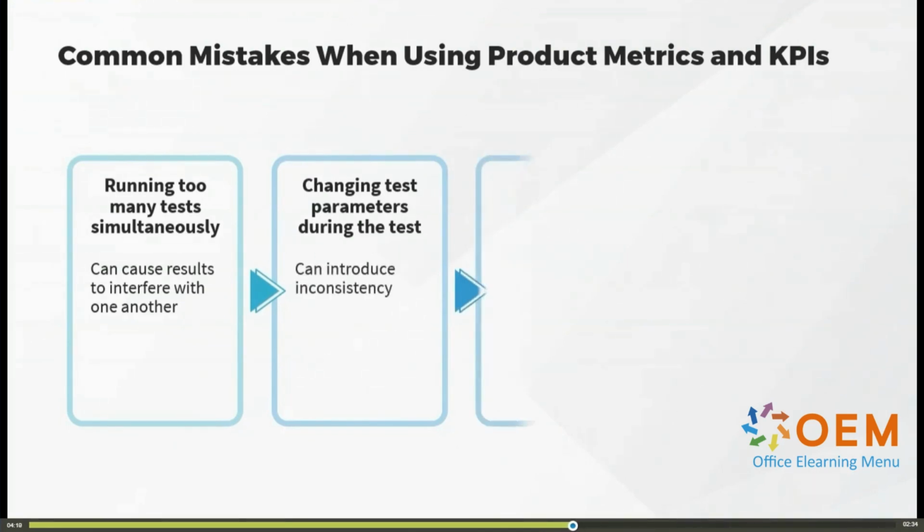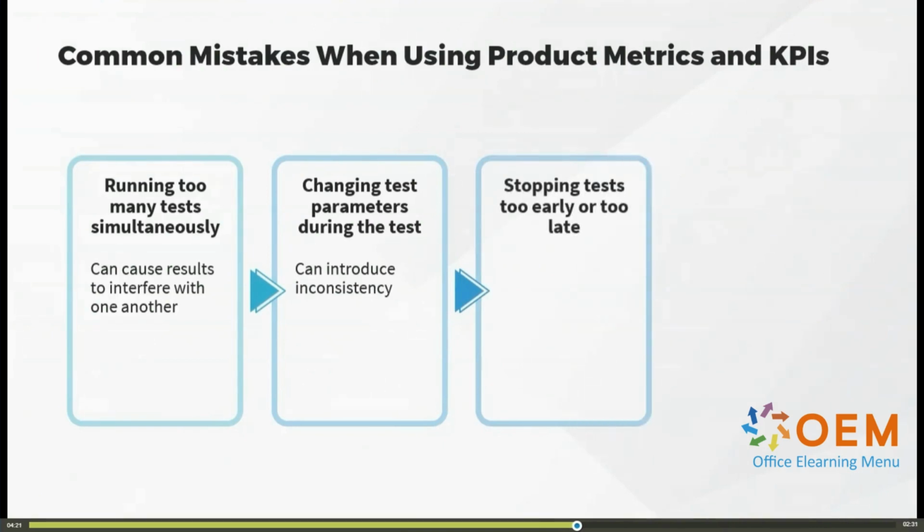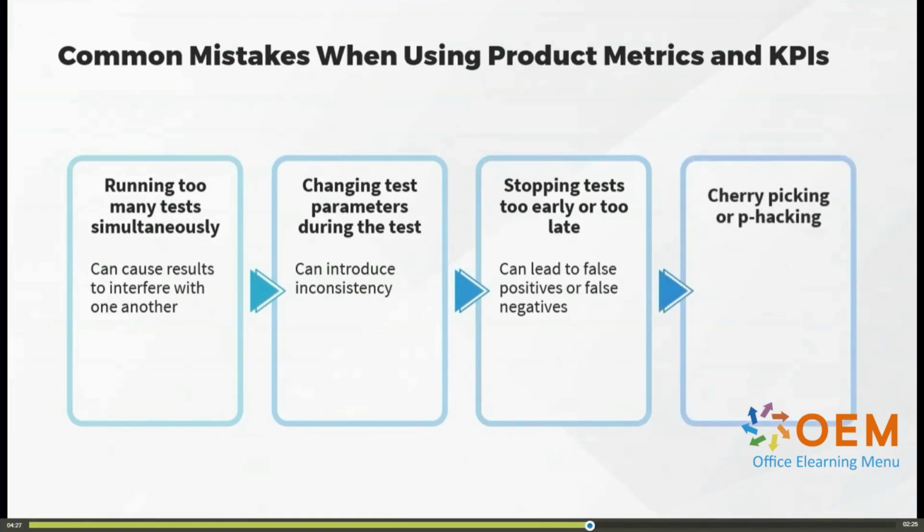You should also be aware of stopping tests too early or too late, as this can lead to false positives or false negatives. Additionally, cherry picking or artificially producing statistically significant results, also known as p-hacking, can lead to overfitting or confirmation bias. Of course, ignoring user feedback can also lead to misinterpretation or generalization.